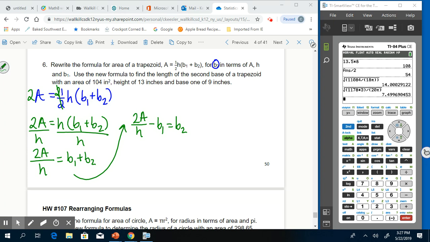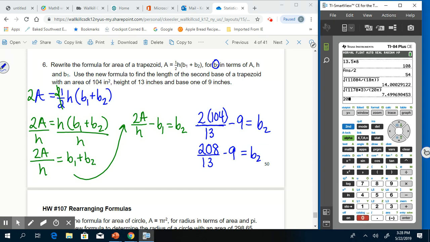Okay, so now we're going to go ahead and solve the actual problem. Use the new formula to find the length of the second base of a trapezoid with an area of 104 inches squared and a height of 13 inches and a base 1 of 9 inches. So we plug in those givens. We have 2 times 104 divided by the height, which is 13, minus base 1, which is 9, is going to give us our base 2. 2 times 104 is 208, divided by 13 minus 9 equals base 2.